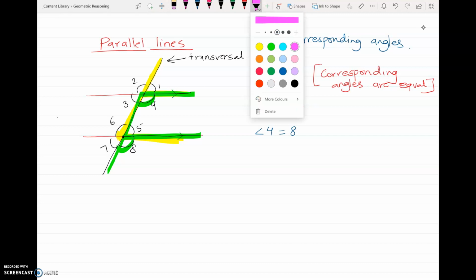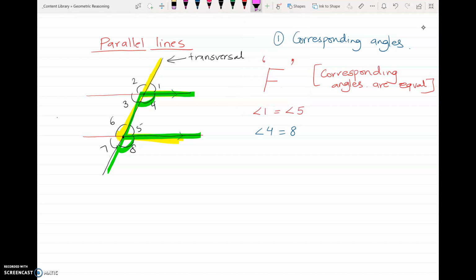Let's find another F that can be formed, which is the upside down one, which is just a reflection of the first F that we made, and we can see the corner angles are 6 and 2. So I can write here angle 2 equals angle 6.